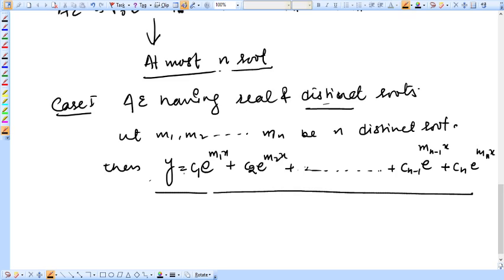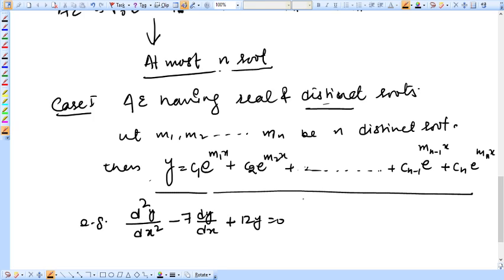I'm going to take an example for you. For example, d square y over dx square minus 7 dy over dx plus 12y equals 0.